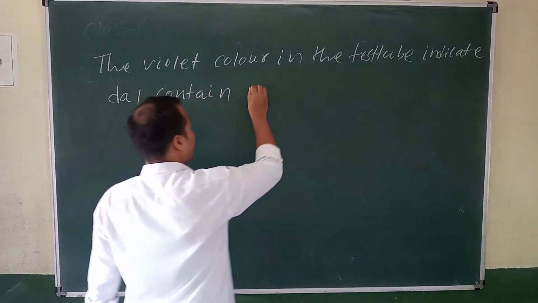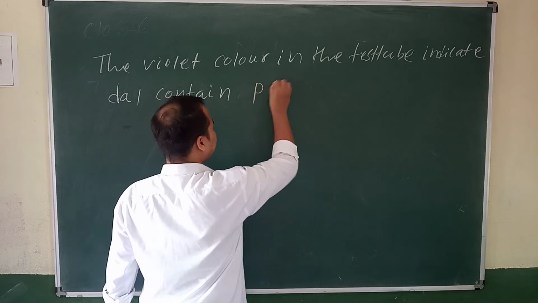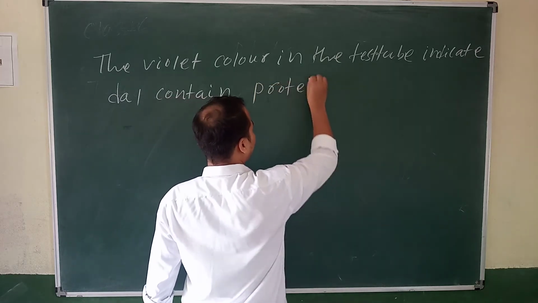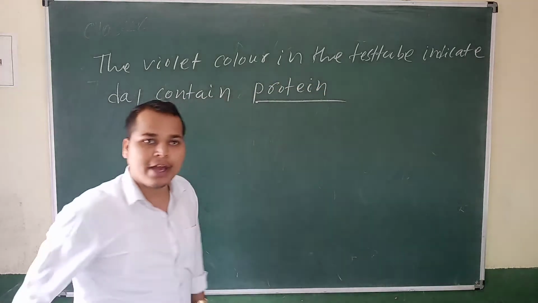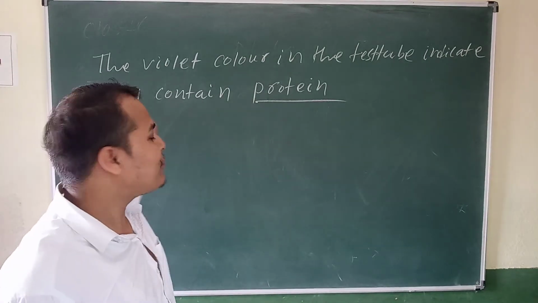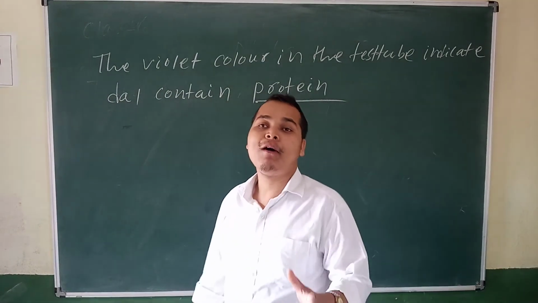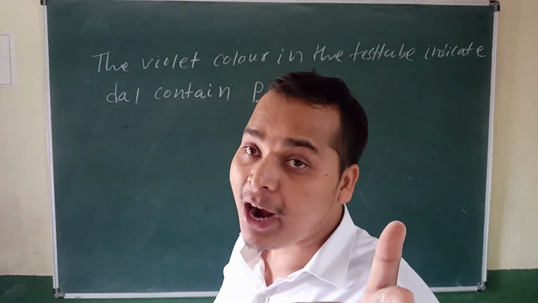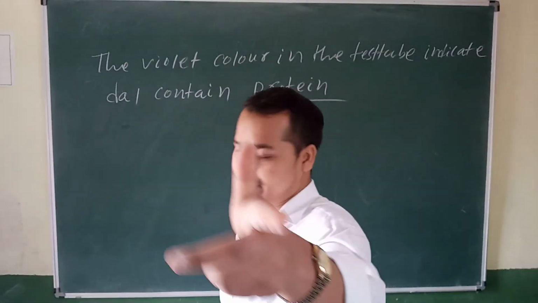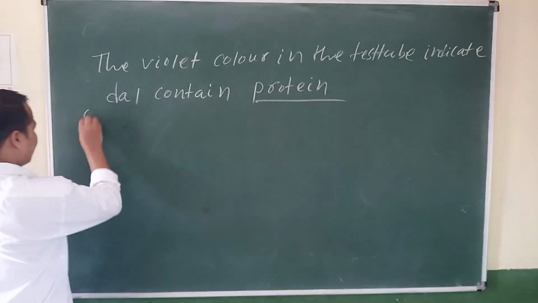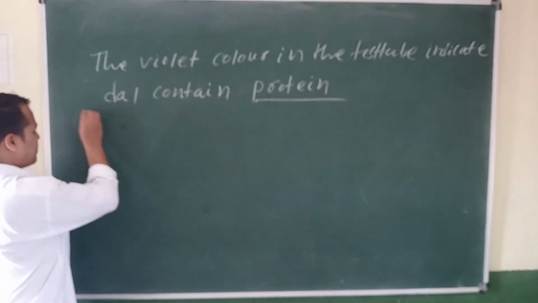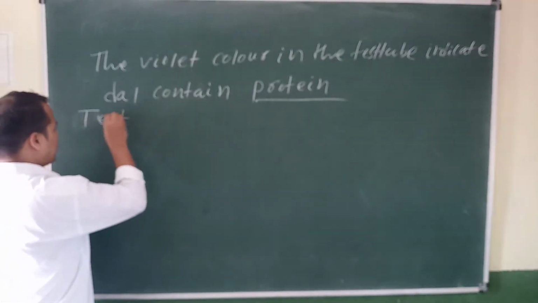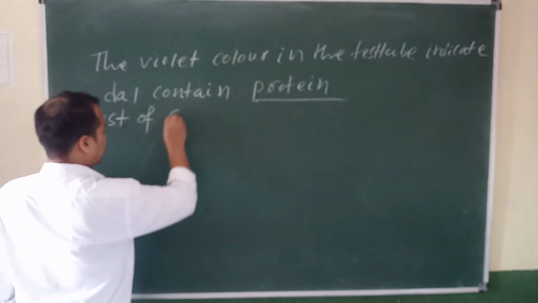Dal contains what? Protein. Yes or no? Yes. Okay, so this is about the test of protein. Then come to the test of what? Test of starch. Okay. Yes or no?